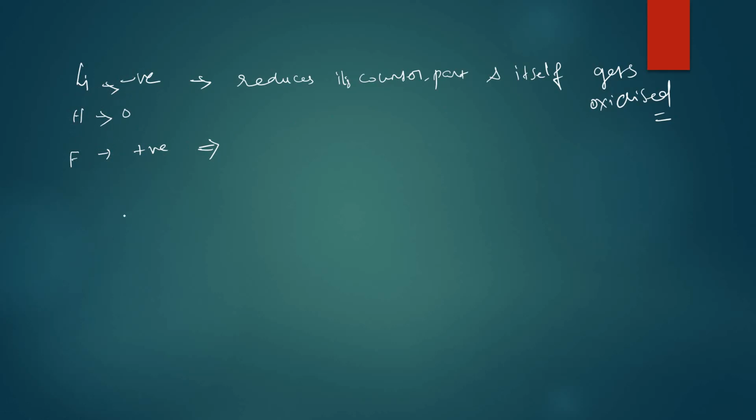Let us take one more example. Copper plus H plus. The value of copper is plus 0.34. The value of hydrogen is 0. What happens here? Can copper reduce hydrogen? No, because copper has a higher reduction potential value than hydrogen, so the reaction will not take place.